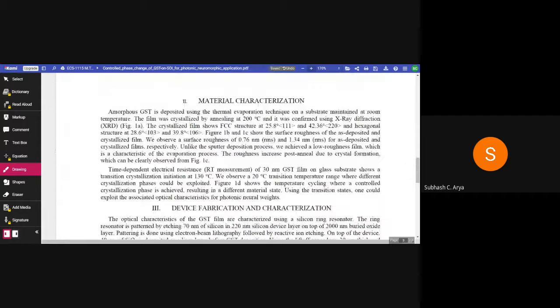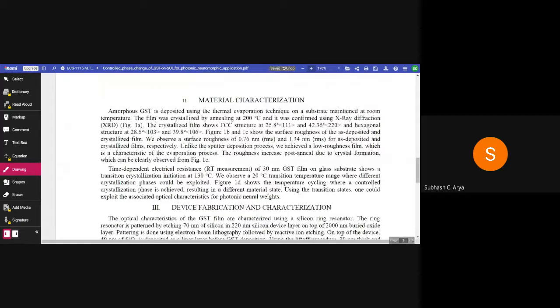So, material characterization. Amorphous GST is deposited using the thermal evaporation technique on a substrate maintained at room temperature.